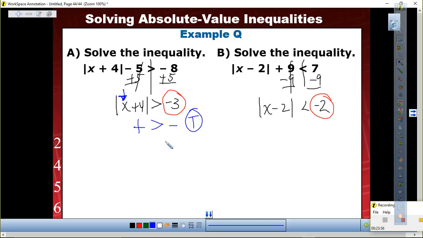Therefore, it doesn't matter what I substitute in here, what is my solution to this without going any further? Talk it over with your neighbor, please. Wyatt. X equals all real numbers, because we can continue substituting in here any number, and it's a solution.